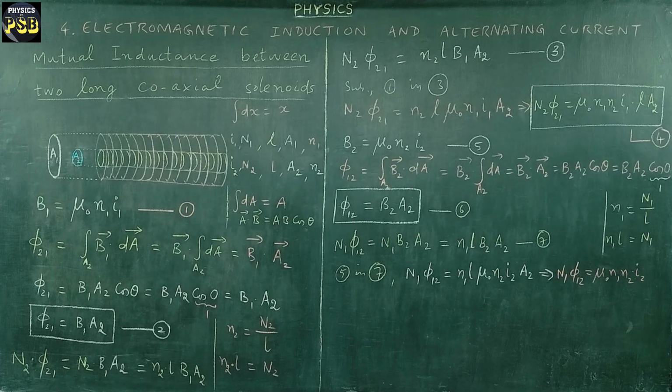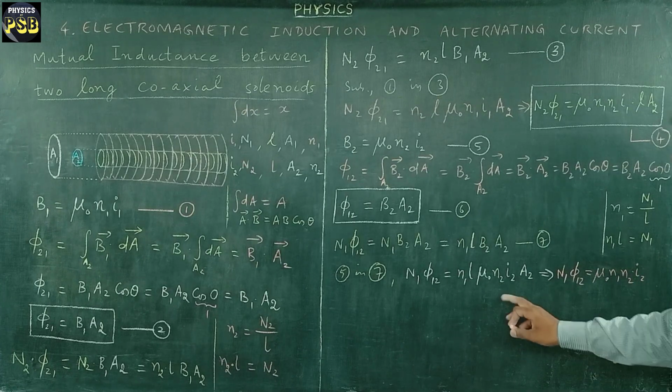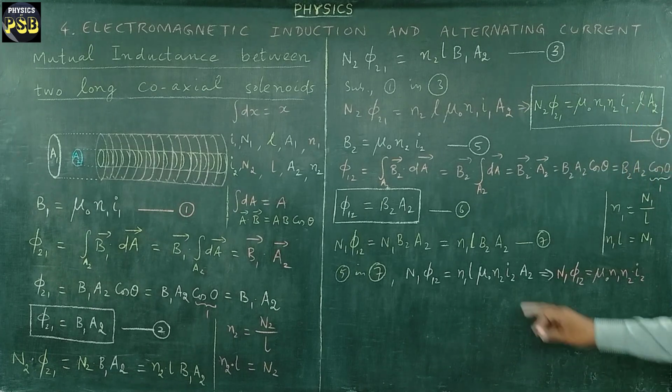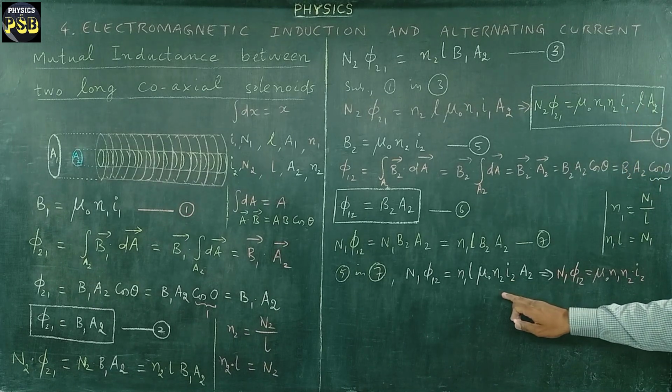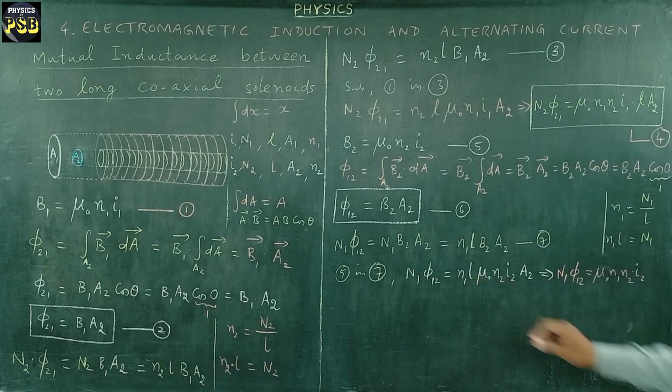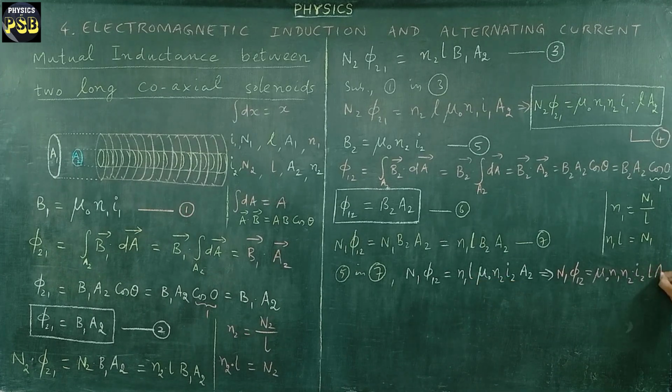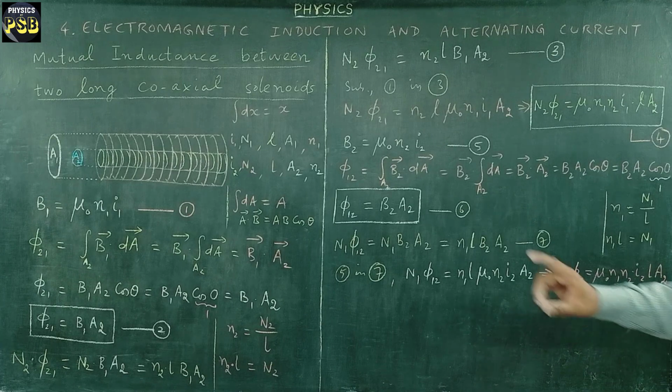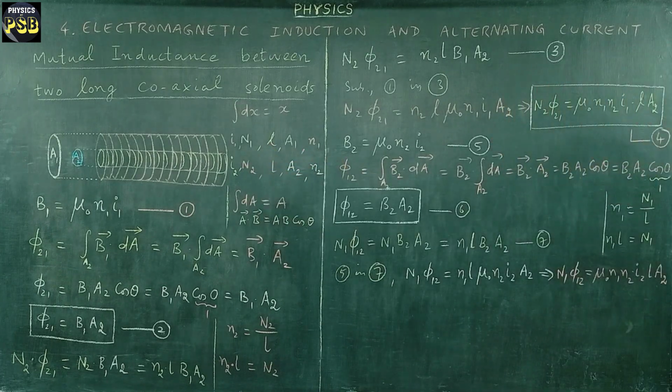The current flowing through this one is I2. After that, what is left here is l A2. So this is the value of the total magnetic flux linked with the first solenoid.